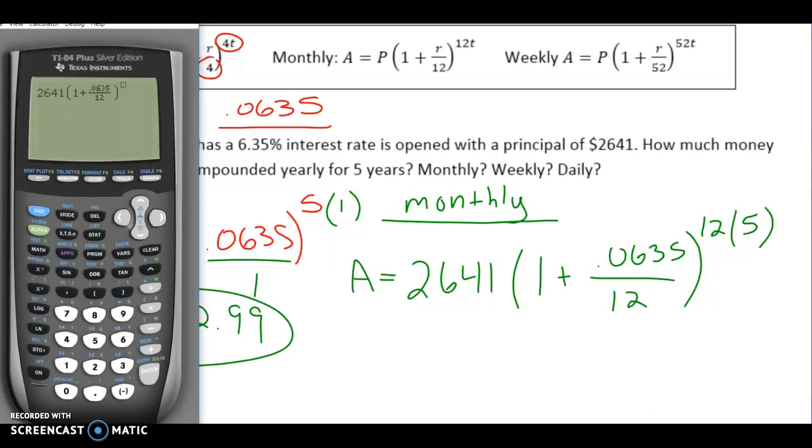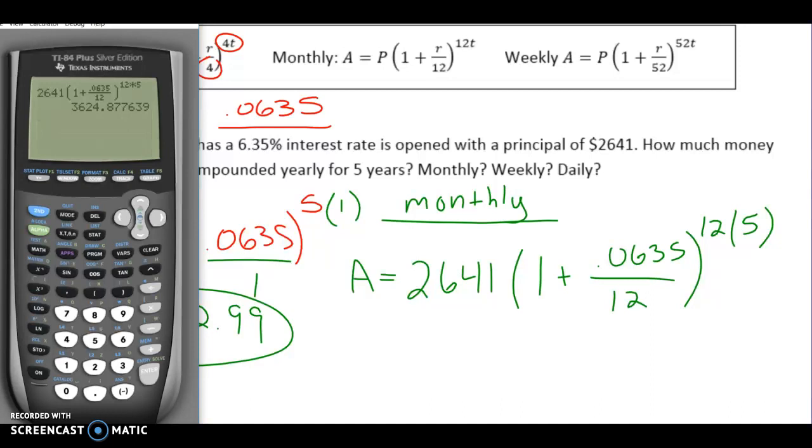Hit the caret button, and then hit 12 times 5. Did you do the same thing as me? Enter. Now don't delete anything out of your calculator. Your calculator should look identical to mine. Okay, now write this answer down under monthly. So after 5 years, we've compounded monthly.